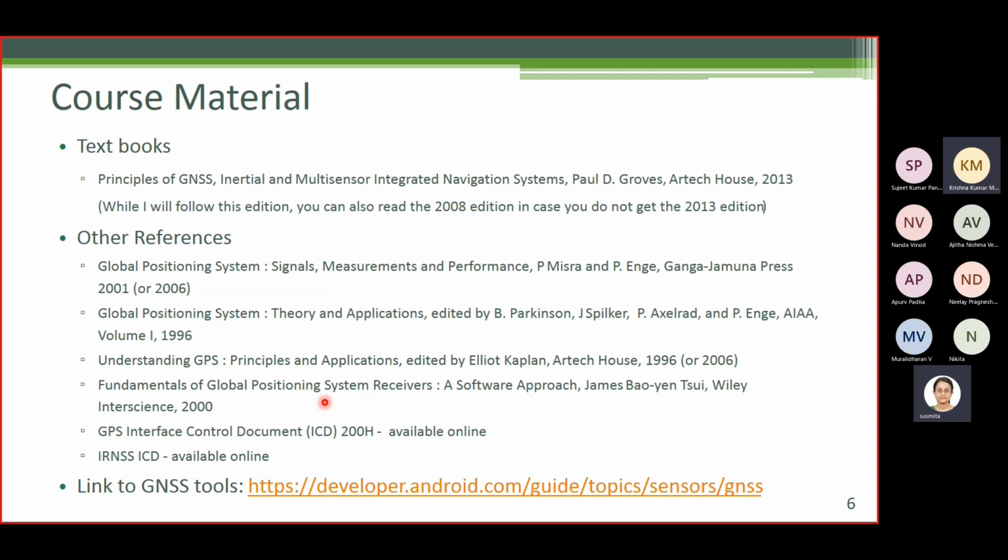Alongside the lecture material, the class notes, you can refer to these books if you want to get more information about the topic. Now, regarding filtering and estimation, I have not included any book. As I told you earlier, it's a different subject altogether. So, for filtering and estimation, you need to rely on the lecture material.